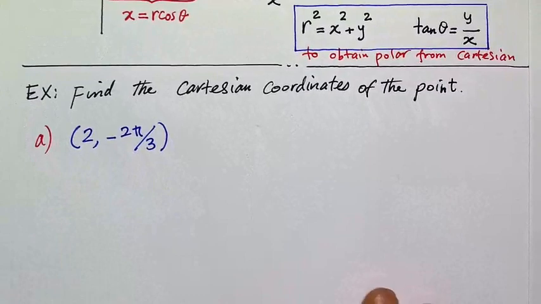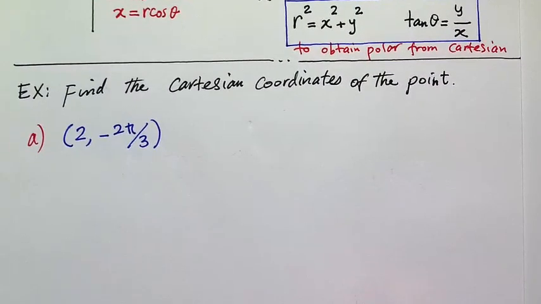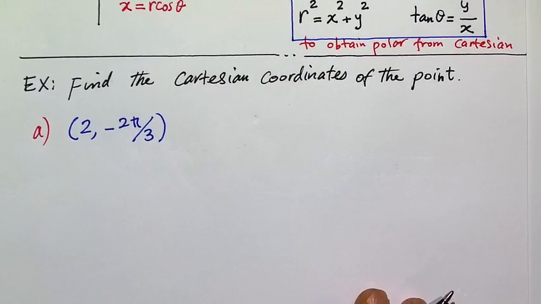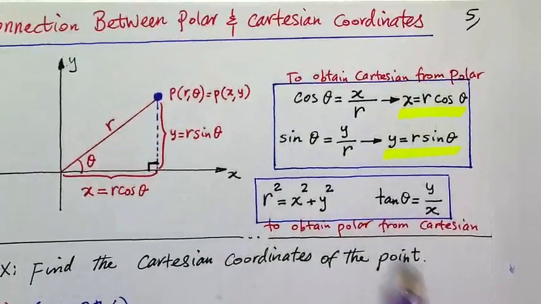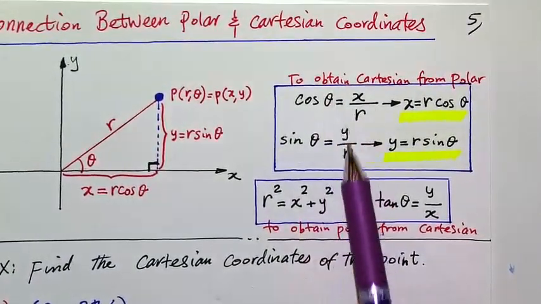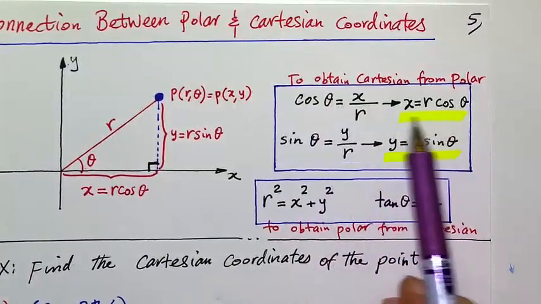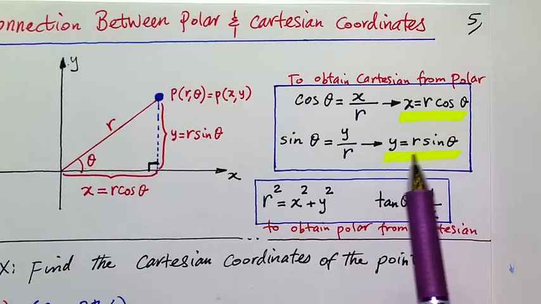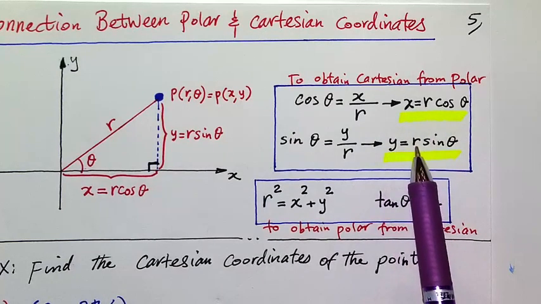All right, so in this example, we want to find the Cartesian coordinates of this point. So in other words, the highlighted ones are the ones we're going to use. For x, we set it equal to r cosine theta. For y, we set it equal to r sine theta.